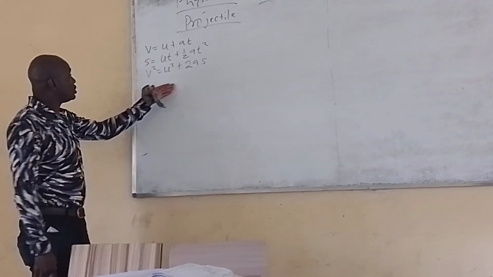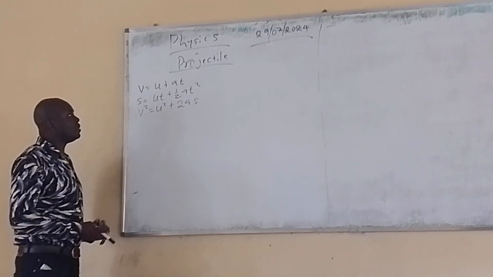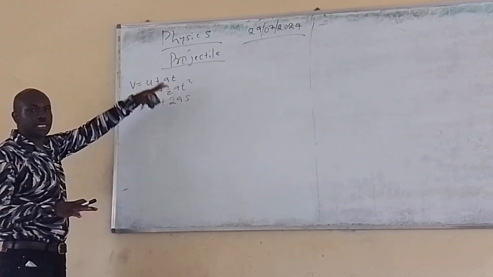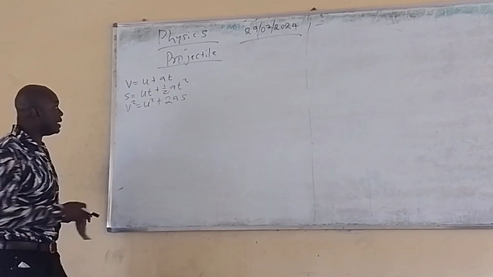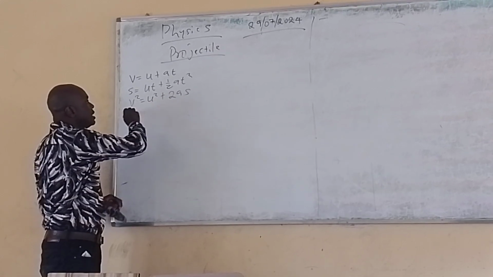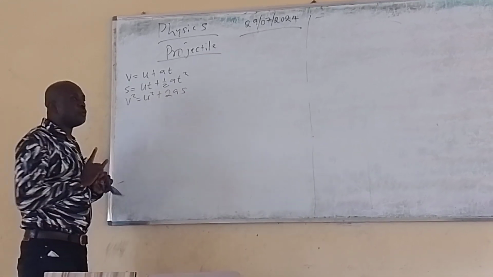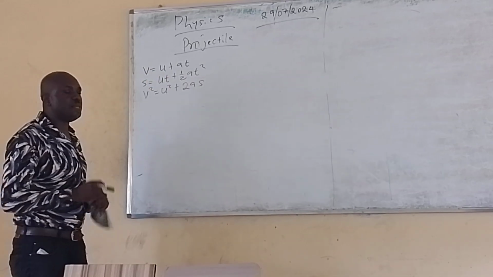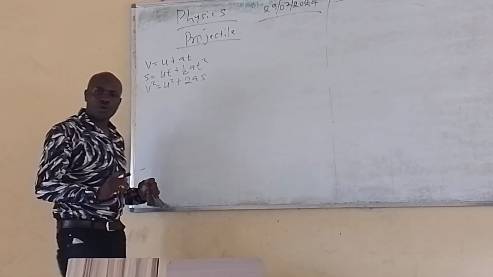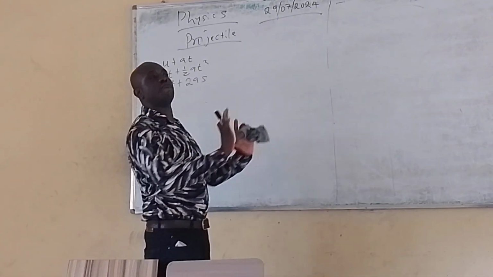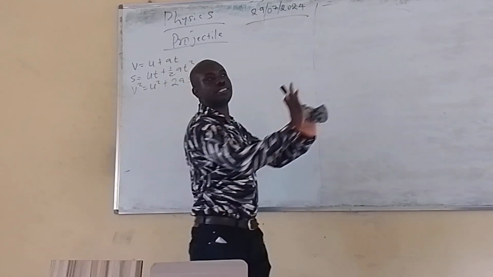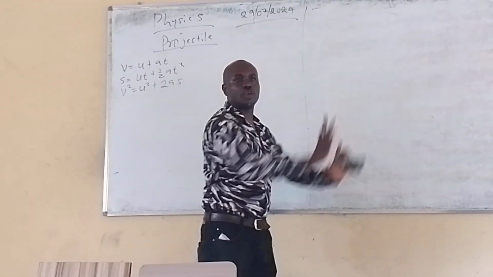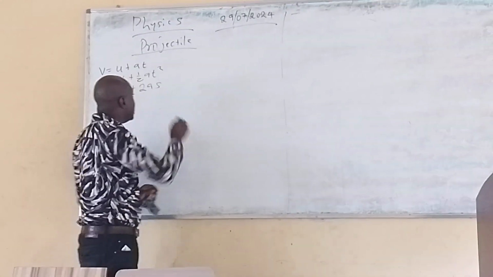In these equations, we are going to use them to get the properties of a projectile. But look at these equations. They are supposed to have both positive and negative signs, because positive means the body is accelerating steadily.